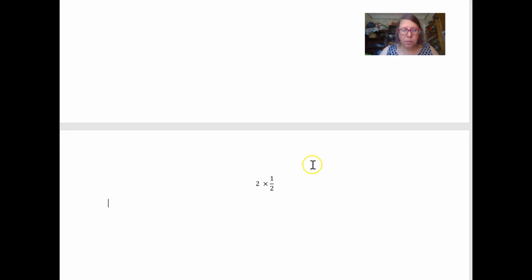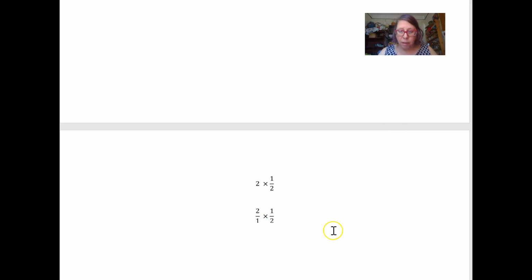Sorry, it's not 2.5. It's 2 times 1/2. 2.5 is 2 plus 1/2. You would see 2 times 1/2 written like this normally, right? But it's easier to see why it equals 1 if you write the first number over 1. So 2 is the same as 2 over 1, because 2 divided by 1 is 2. And here's my 1/2. And the rule for fractions is that you should multiply straight across the top.